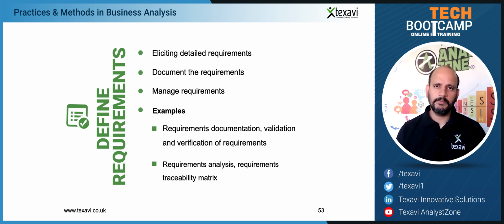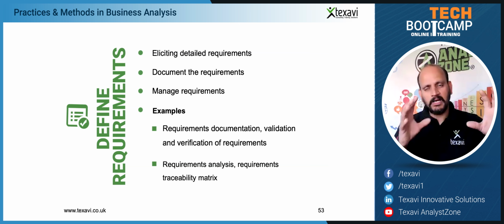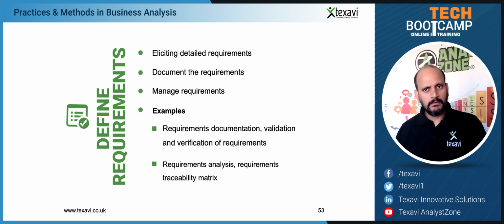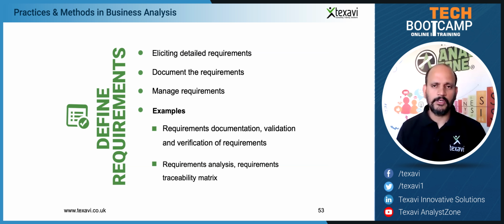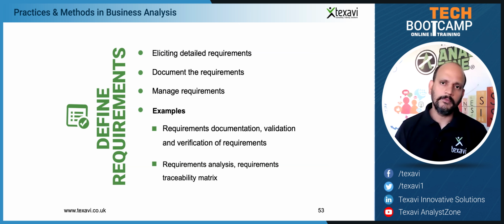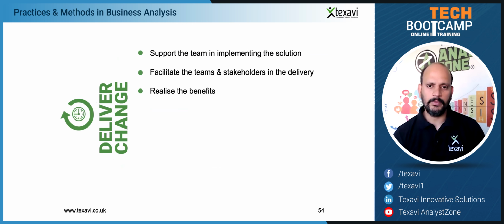You can create a traceability matrix right from the requirements all the way down through the test cases and the test reports: how the requirement is captured in the architecture document, the high-level design document, the low-level design document, the code, which code block is responsible for it, and then finally the unit test reports, the integration module tests, and the integration test reports. If there's any problem, you can trace it back to the root of where it happened and sort it out. So the traceability again would help.